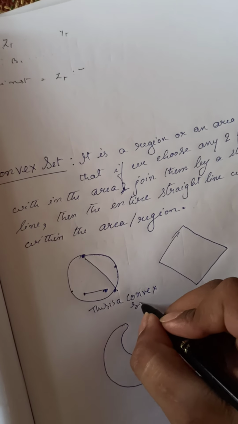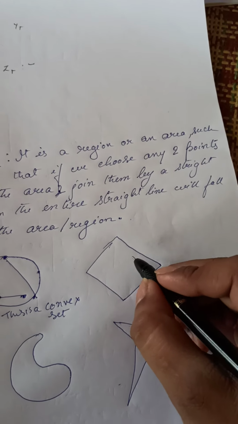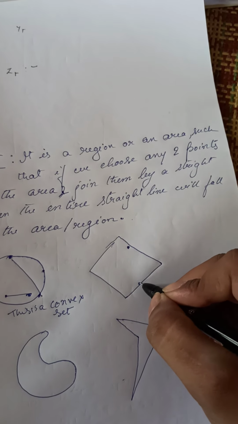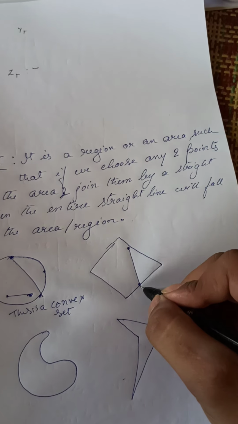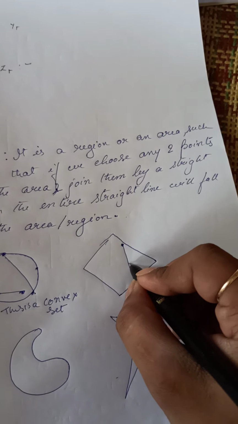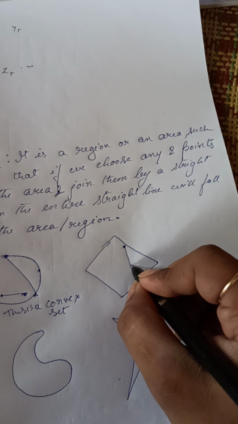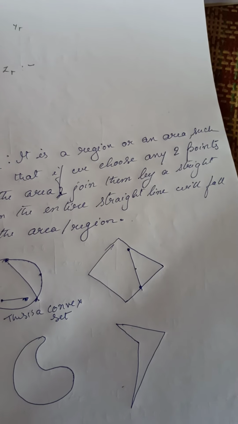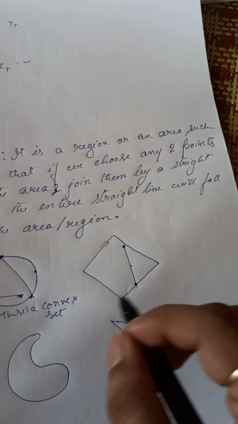Similarly, if you take this demarcated area and choose 2 points, this line also satisfies the definition of a convex set. All the points within this line lie within the demarcated area.